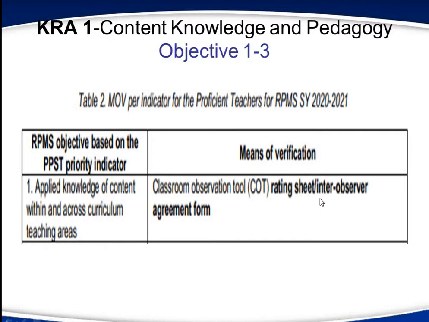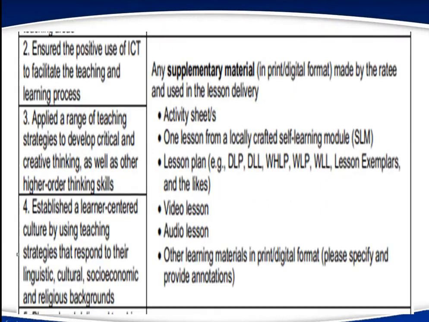Poor, which is 1, unsatisfactory, 2, satisfactory, 3, very satisfactory, 4, and outstanding, 5. Makikita lahat yung performance indicator na yan doon sa ating RPMS tool. So with that, let's proceed to objectives 2, 3, and 4.